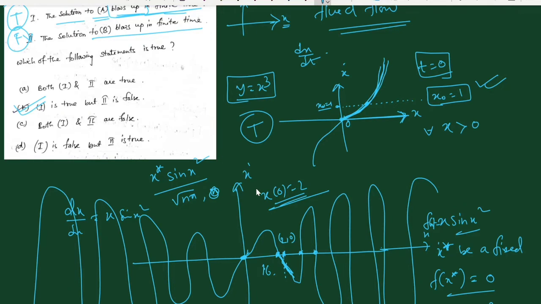You differentiate this term and check at the points root under nπ, for example root under π and root under 2π.